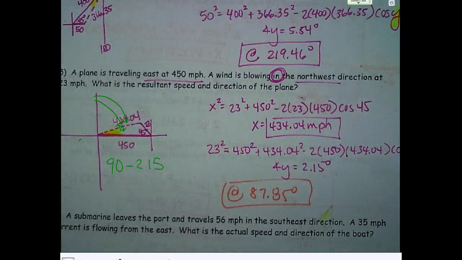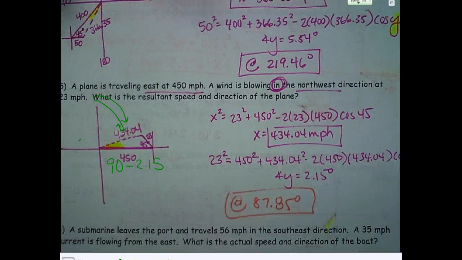Okay, we are going to do one problem and we're finished. We're skipping 6. We're going to skip 6 and go to 7. We're going to do 7 and we'll be all done for today. Okay, here's 7.